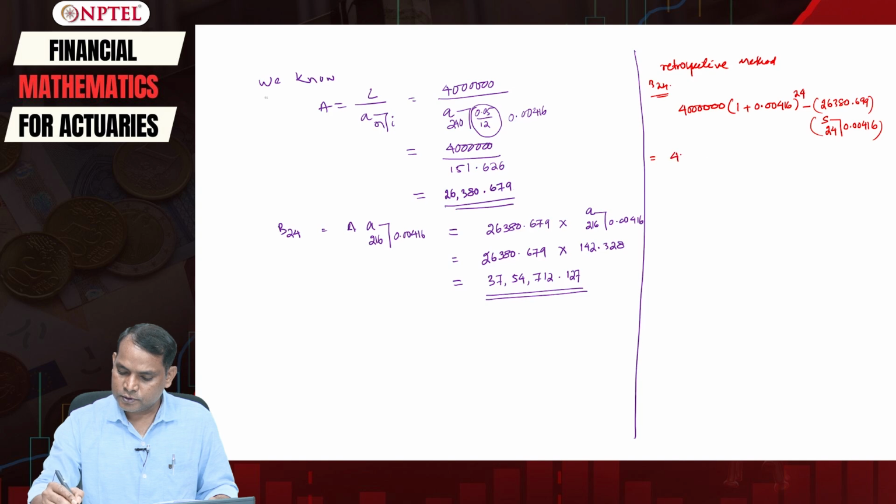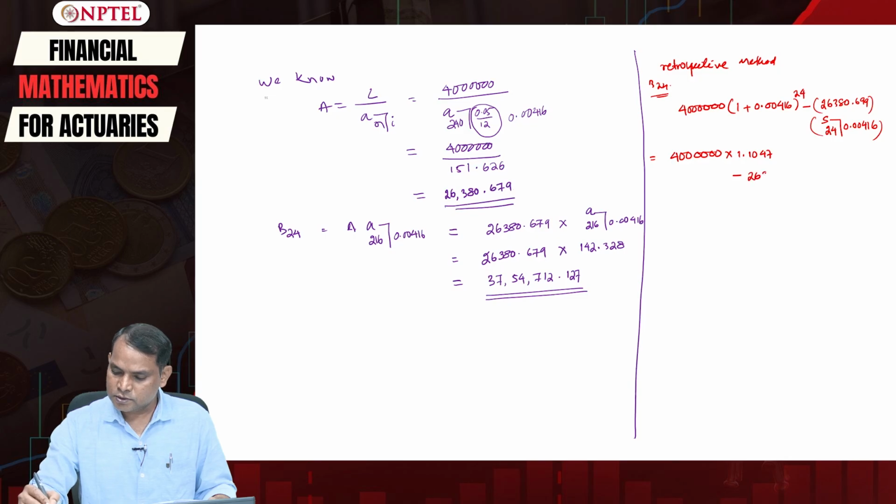So 40 lakhs multiplied by 1.1047, and then minus 26,380.699 multiplied by the future value we got after calculating, which is 25.183.